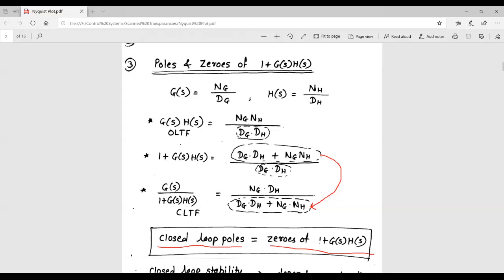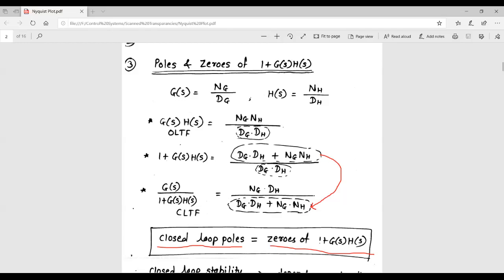So in this concept, what we have learned is that closed loop poles of the system are nothing but zeros of 1 plus G of S H of S. So while commenting on stability, while sketching the polar plot or Nyquist plot, instead of looking for the location of closed loop poles, we can look for the location of zeros of 1 plus G of S H of S. If all of them lie in the left half of the S-plane, we can still comment on the stability and say that the system is absolutely stable.